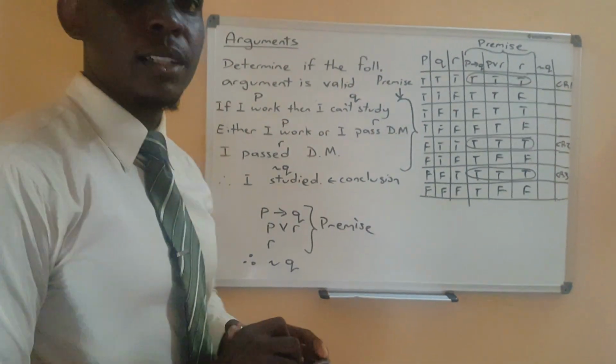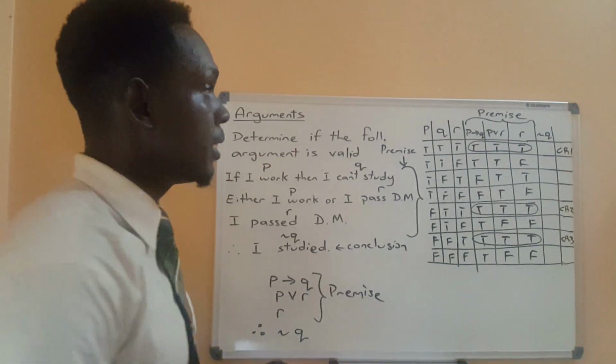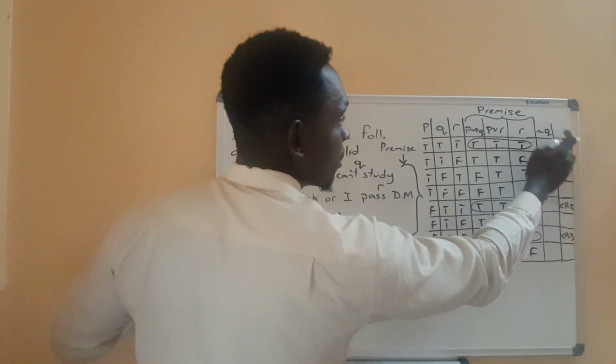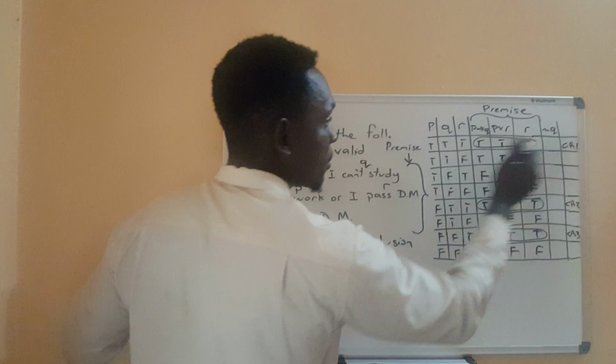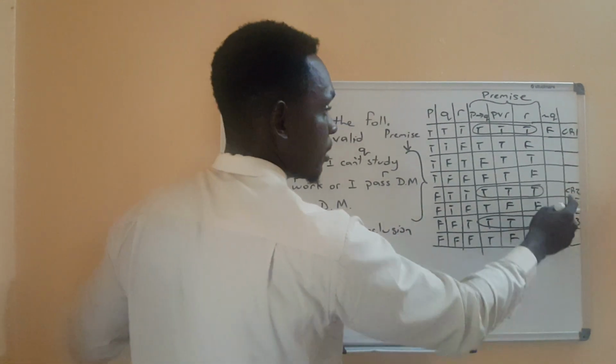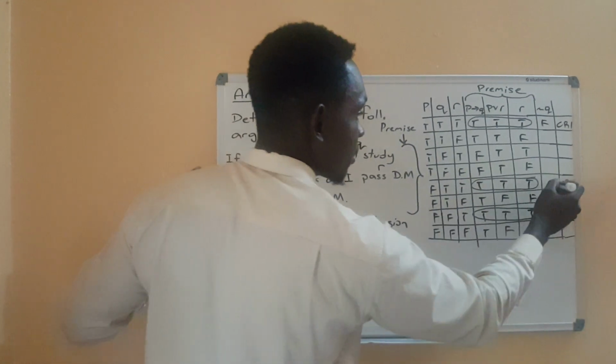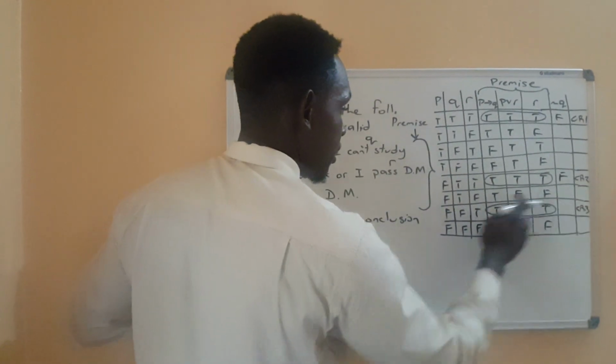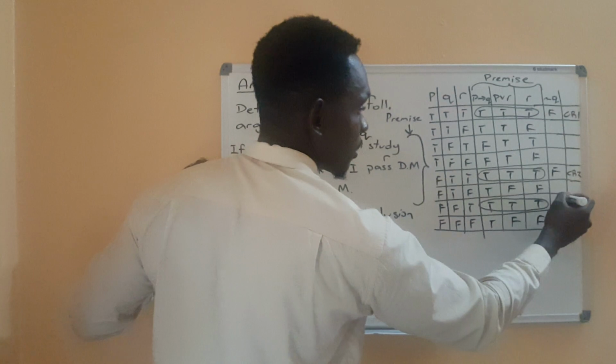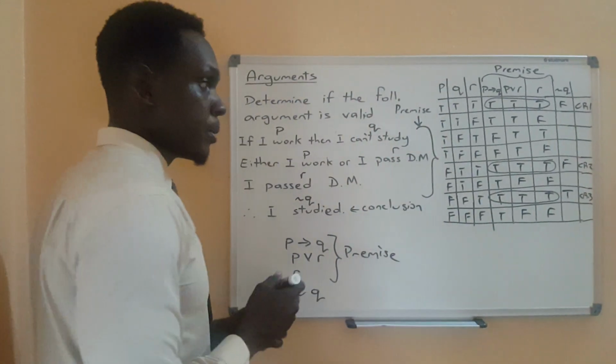Now we examine the truth value of the conclusion for each of these critical rows. Negation Q: Q was true, so this will be false. Once again Q was true, so this will be false. Here Q was false, so this will be true.